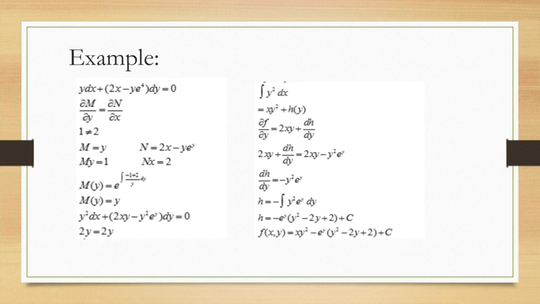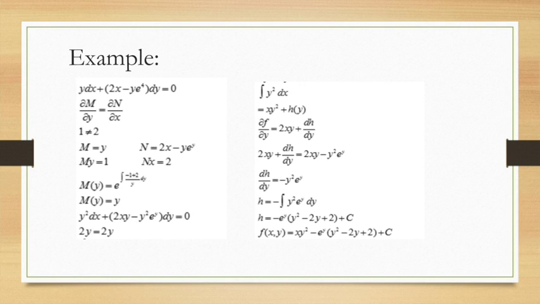After we get the integrating factor, then we multiply it to our original equation. So our original equation multiplied by y will become y squared dx plus (2xy minus y squared e to the power of y) dy equal to 0.